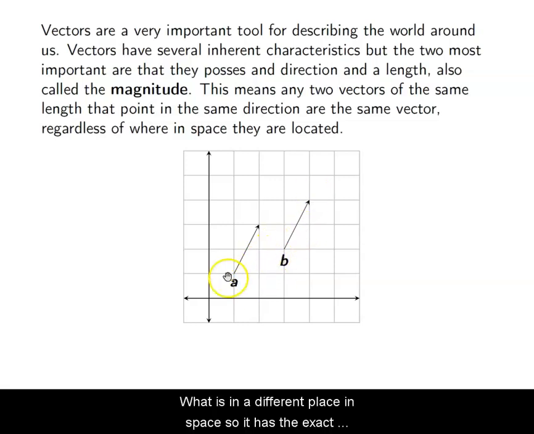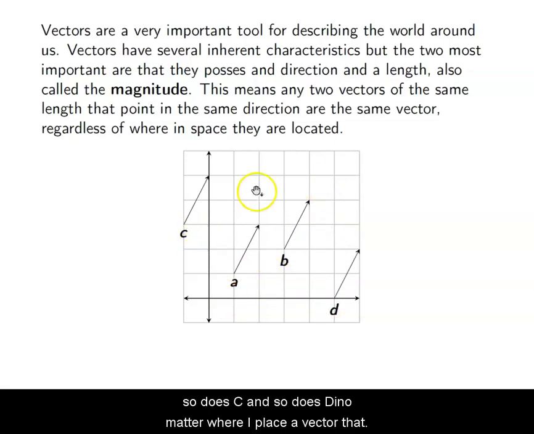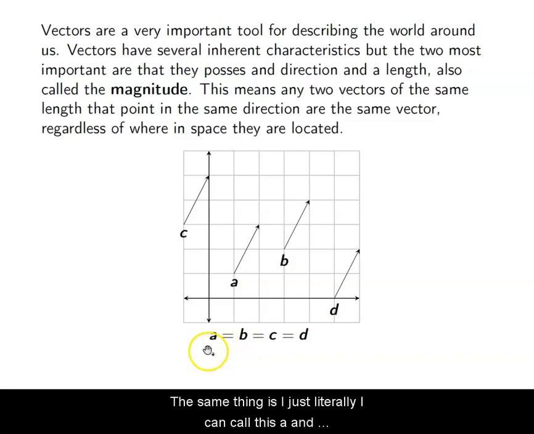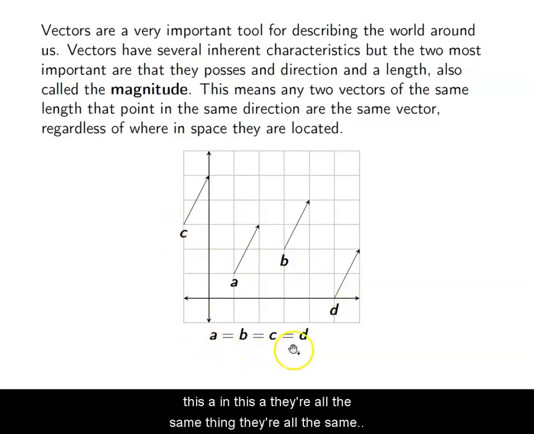So it has the exact same length as this one, and it points in the same direction. So does C, and so does D. No matter where I place a vector that, from the starting point, I move over 1 and up 2, this will always be the same thing. I can call this A and this A and this A. They're all the same vector.